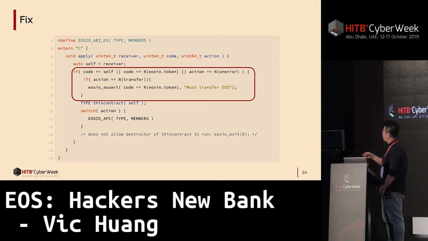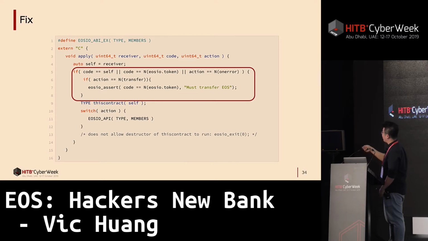So how to fix the problem? We can see on this side, if the code is from self, it means the smart contract itself, and if it's from EOS and it's an on-transfer, then it is going to deal with it.